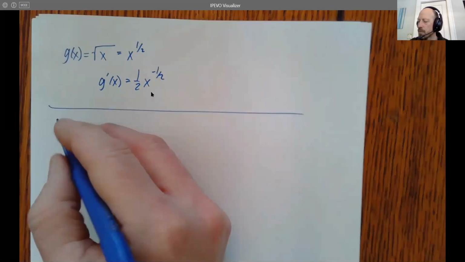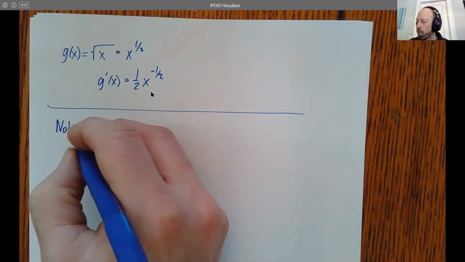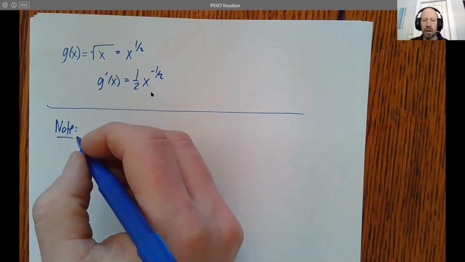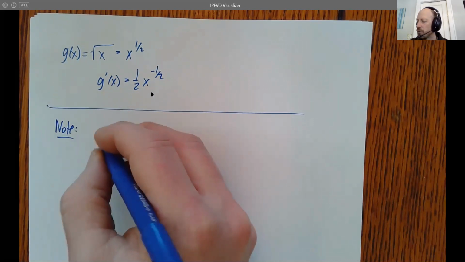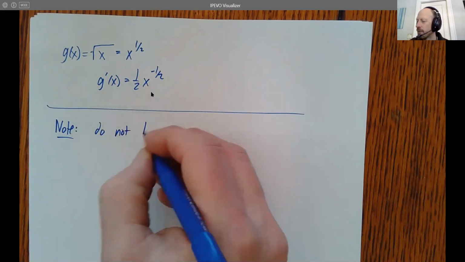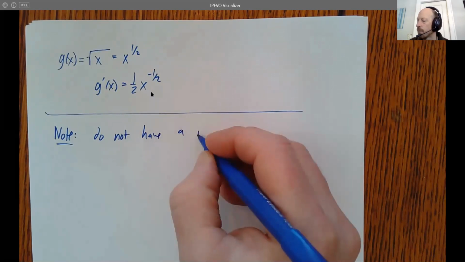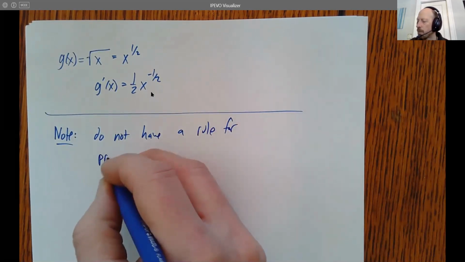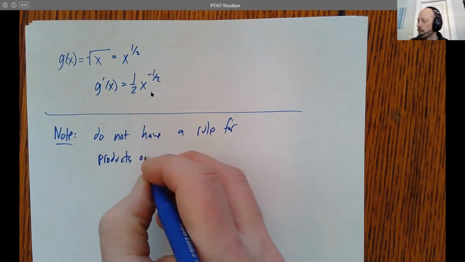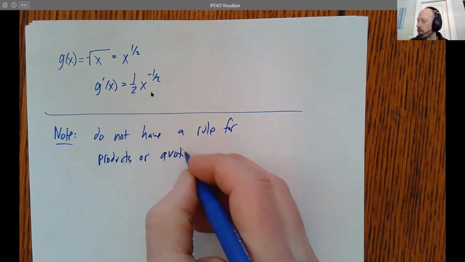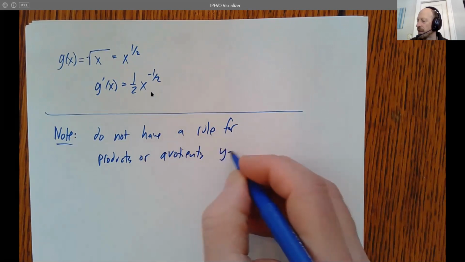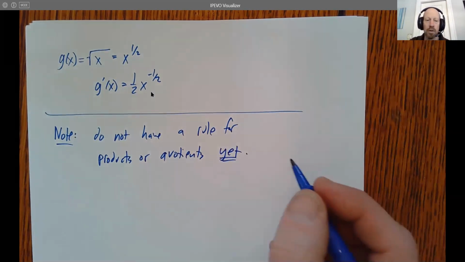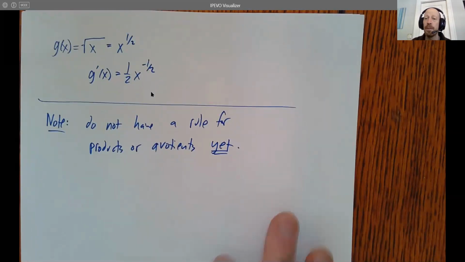An important note here is that we do not have a rule for products or quotients yet. Sums are fine.